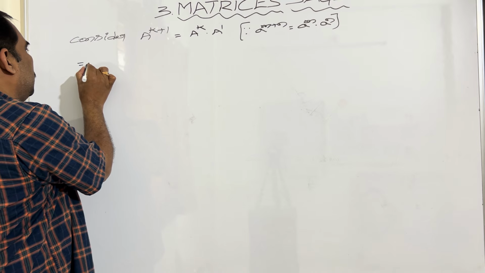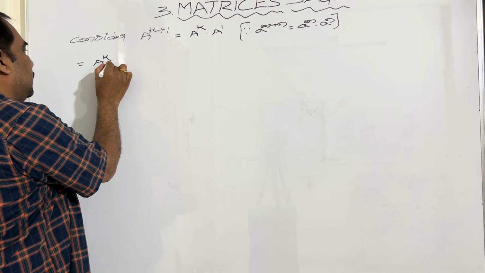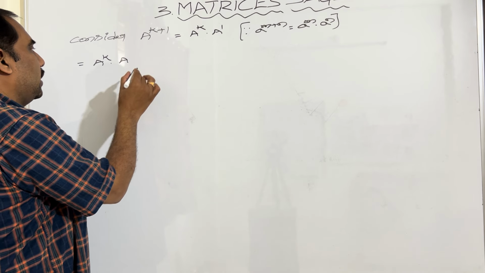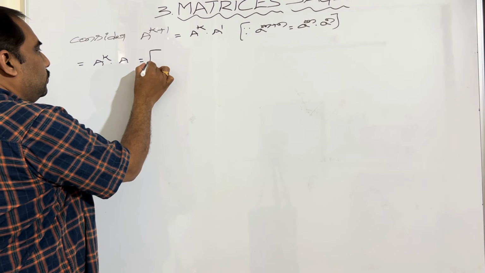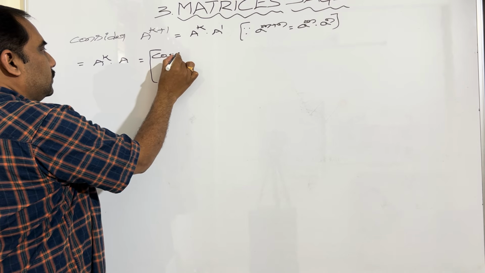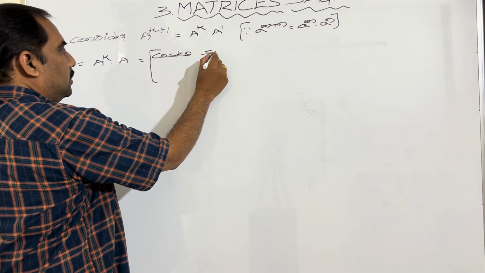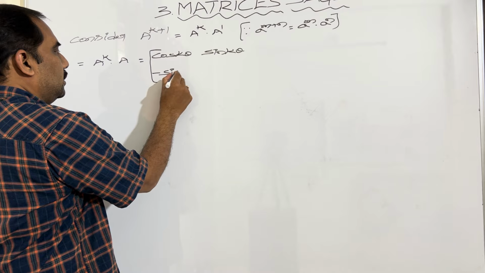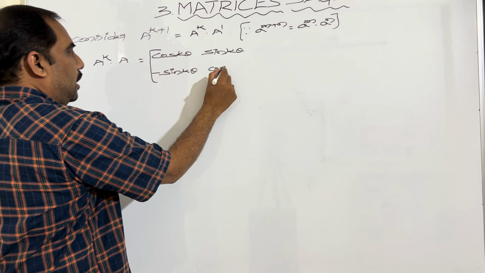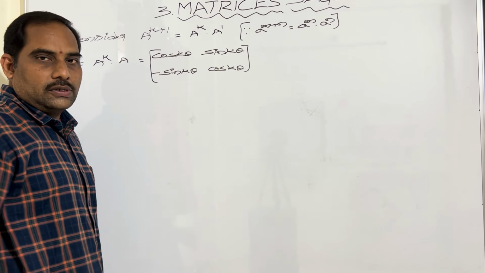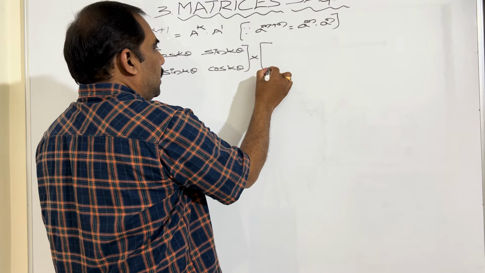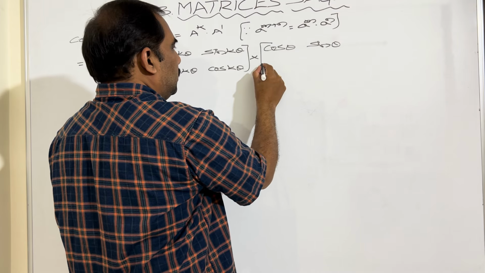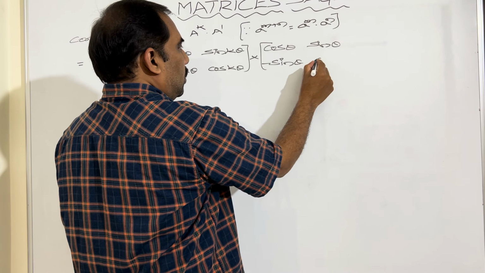Here A to the power of k is the matrix we considered in step 2: cos k theta, sin k theta in the first row, minus sin k theta, cos k theta in the second row. And A to the power of 1 is the matrix A: cos theta, sin theta, minus sin theta, cos theta.